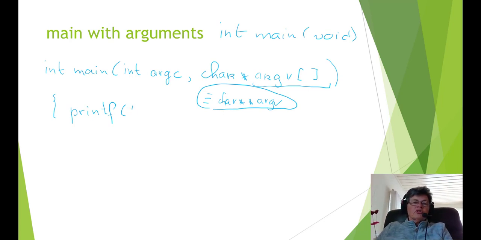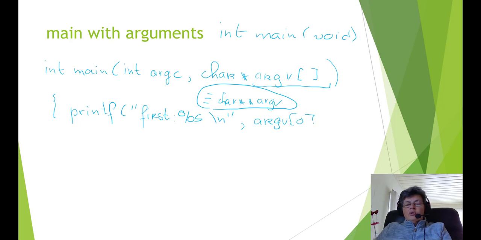The first argument you're going to see, first %s, will be the name of the program. So when you're using parameters, you definitely will have one argument minimal because the name of the program counts as an argument. So we can show this first one with argv[0].